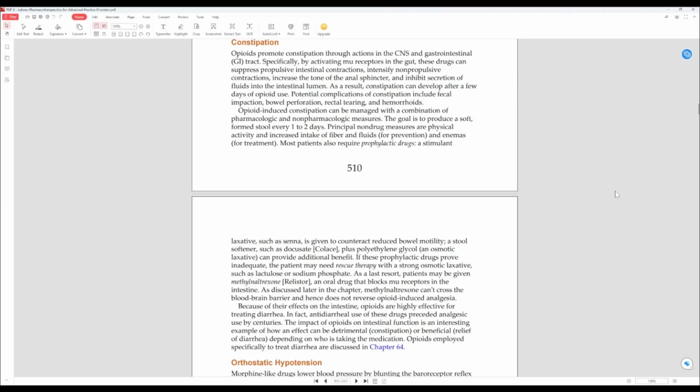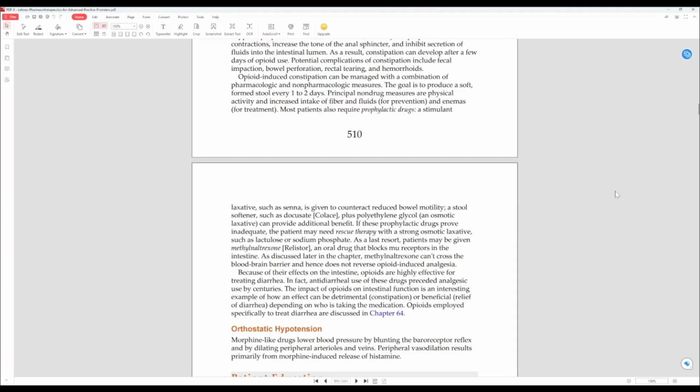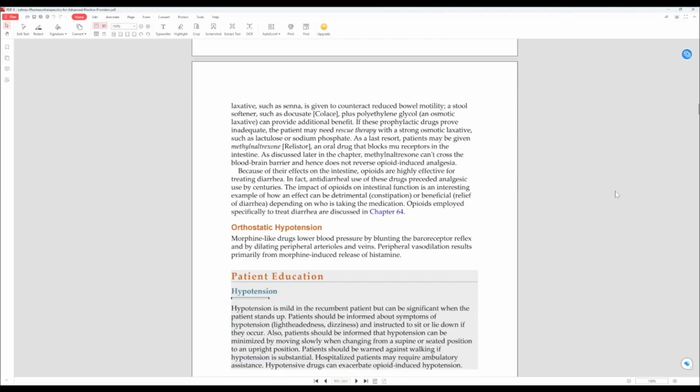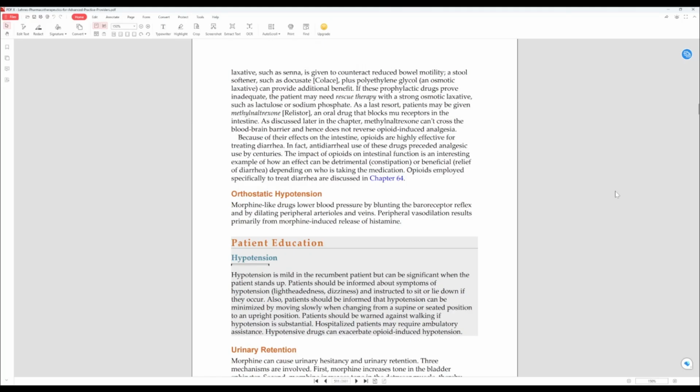If these prophylactic drugs prove inadequate, the patient may need rescue therapy with a strong osmotic laxative, such as lactulose or sodium phosphate. As a last resort, patients may be given methylnaltrexone, or Relistor, which blocks mu receptors in the intestine.